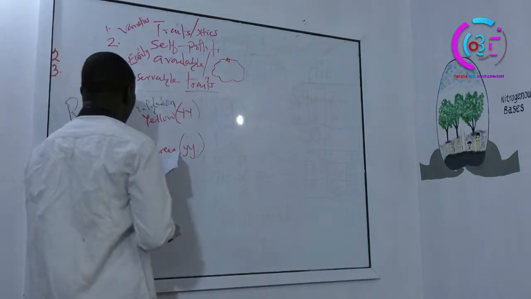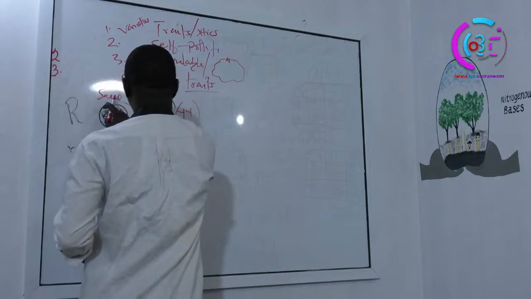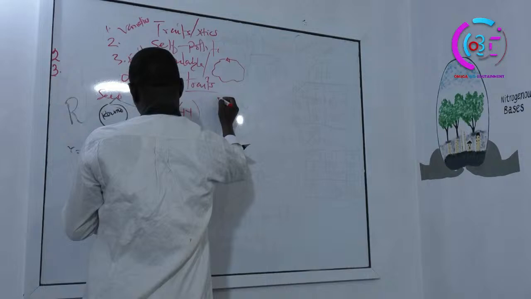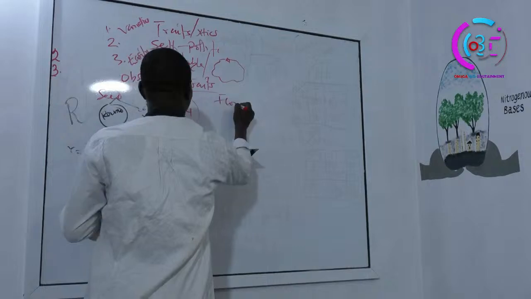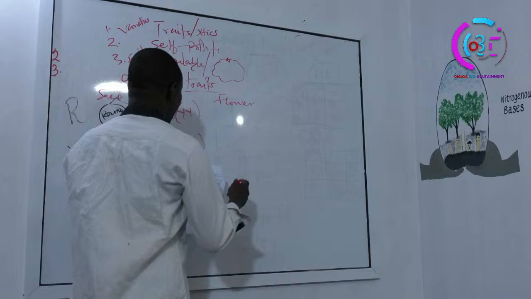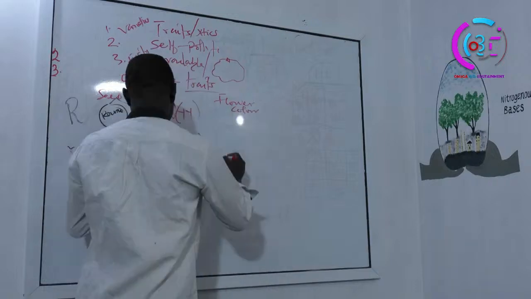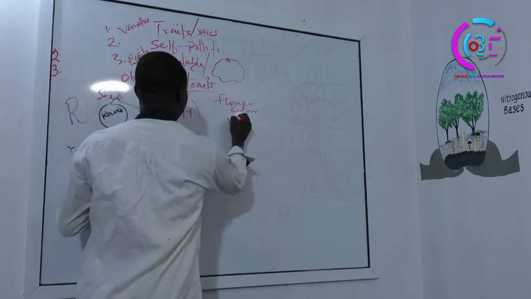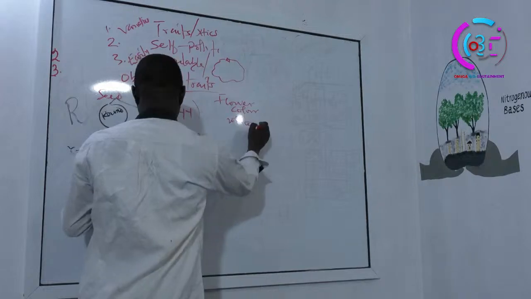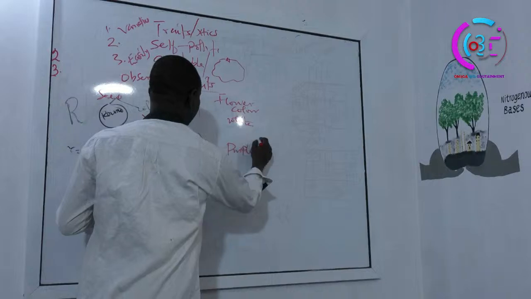Now, apart from the seed, which is divided into the form and cotyledon, if you come under the flower of the garden pea plant, you have the color of the flower. It is either white or purple.